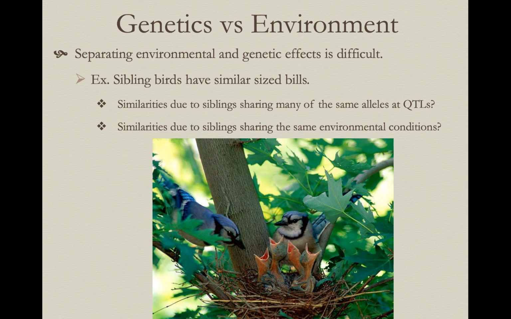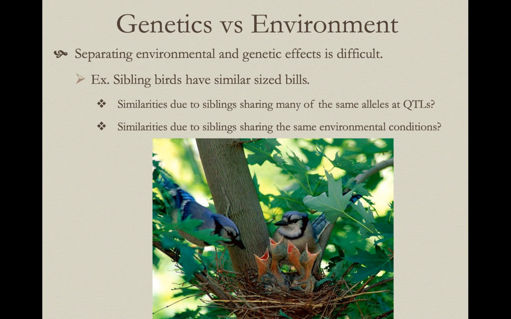Well, there's another possibility though. Maybe genetically there's really not much heritability associated with this trait, and the similarity is due to the fact that they share the same parents. They share the same environmental conditions. They were raised in the same way. Maybe they have big bills because they had really good parents that were very good foragers and brought a regular supply of high protein, highly nutritious food, and that's what allowed them to produce these large bills.